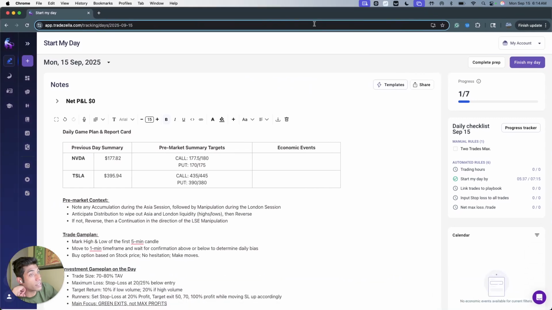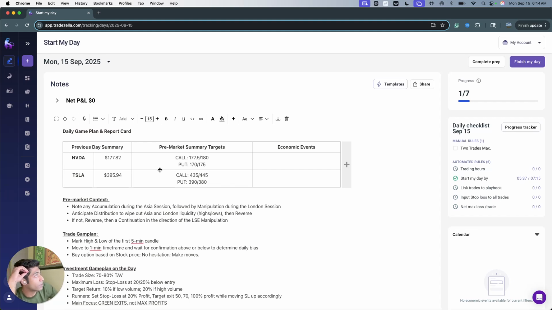I open up TradeZella. I've got a template that I've been using, and I go through and make some notes on previous day and previous week high and low, although on some of these it seems irrelevant based on how much movement they have.